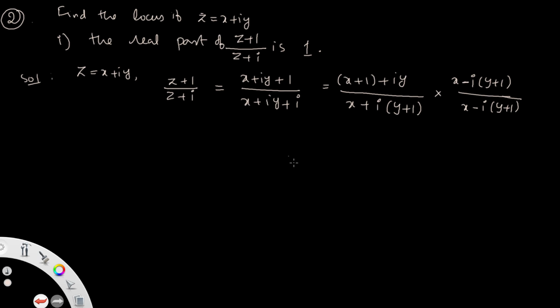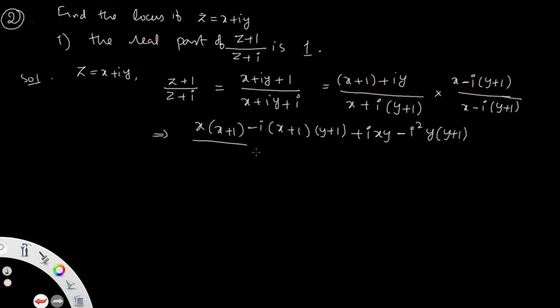So that is term by term multiplication: x into (x plus 1), next (x plus 1) into minus i into (y plus 1), then iy into x, that is ixy, and iy into minus i into (y plus 1), giving minus i square into (y plus 1).